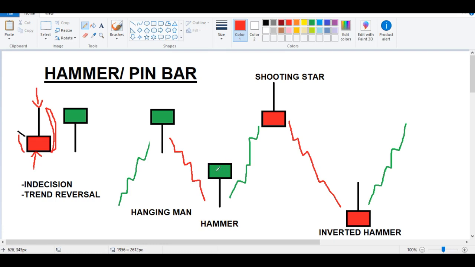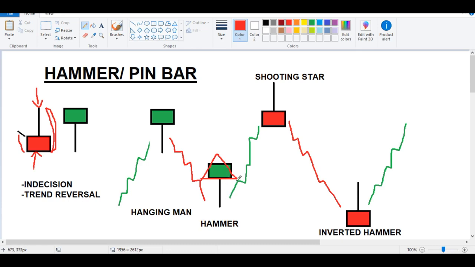And generally what I like to do is, if you see a hammer at the bottom of a trend, draw this arrow. So now it looks like an up arrow, arrow pointing up, which clearly means that price wants to move higher. Because it's pointing upwards, price wants to move higher.